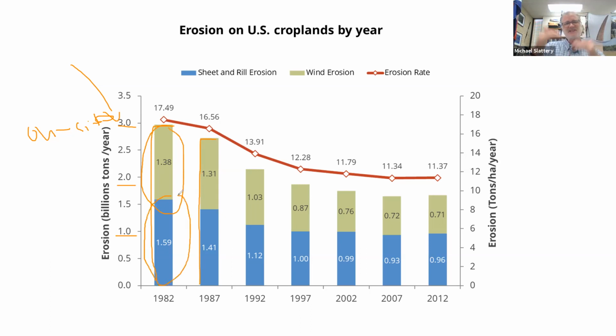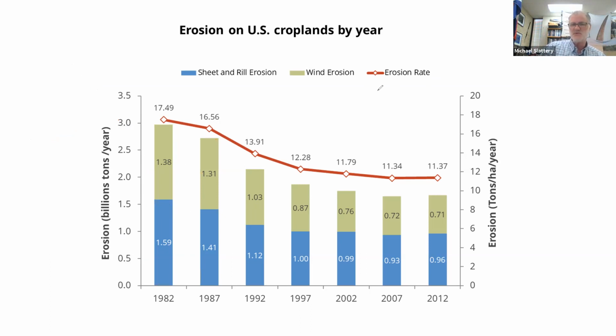That distinction is not necessarily critical in and of itself, but I just wanted to remind you, and to remind myself, I suppose, that it's sediment transport by both wind and water. So these columns refer to the left-hand axis, and this number here and the red curve relate to the right-hand axis. That is the erosion rate in tons per hectare per year.